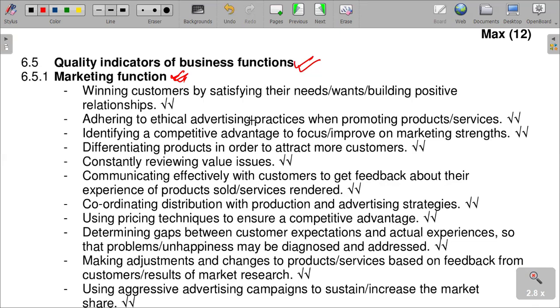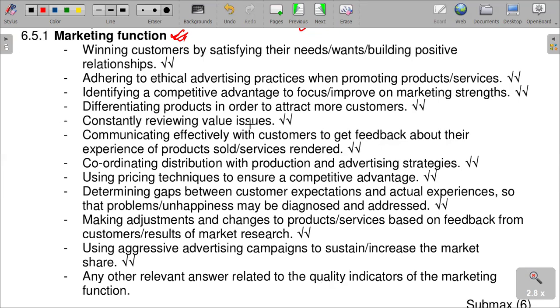Adhering to ethical advertising practices when promoting products and services. That is also a quality indicator that the business is adhering to ethical advertising practices and promoting properly its goods and services. Identifying a competitive advantage in marketing function.